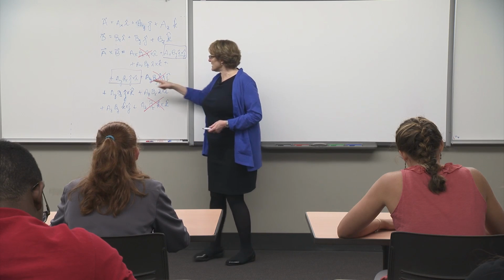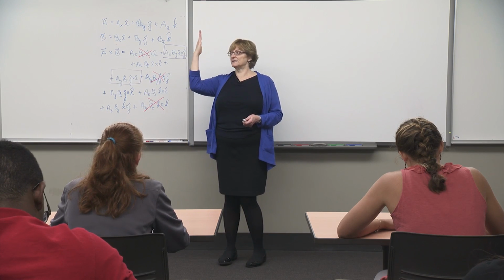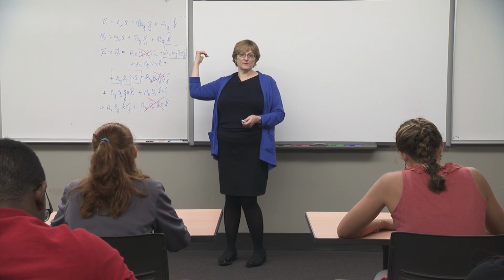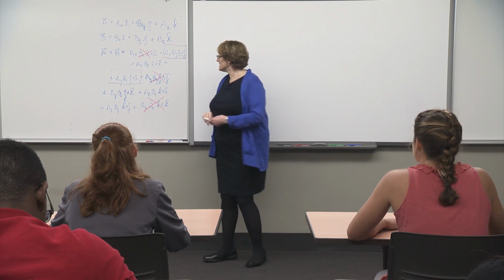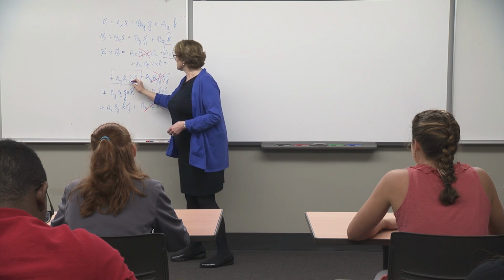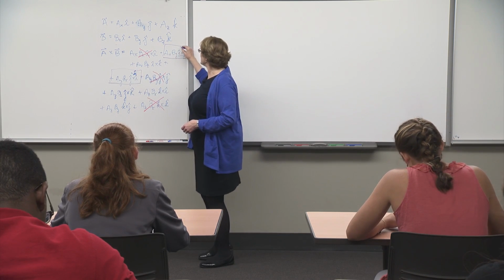And we can show that directly. J cross i, remember j is the y direction, i is the x direction, so your thumb is pointing into the board, which is minus k direction. Okay? So this vector, j cross i, is minus k, and this one is plus k.